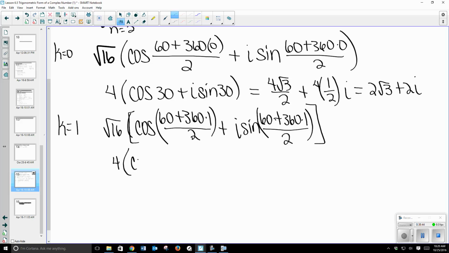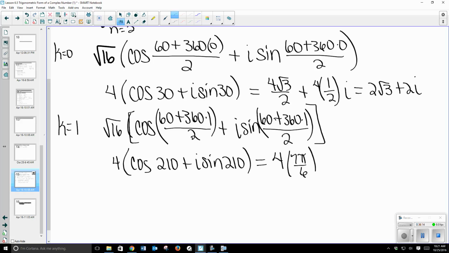So this will be 4 cosine, is it 210? Cosine 210? And if we wanted 210, 7 pi over 6. So 4 times 7 pi over 6 plus 4 times, what did I just do?